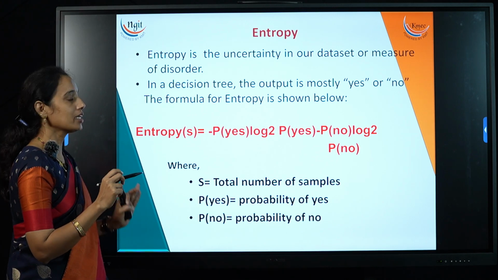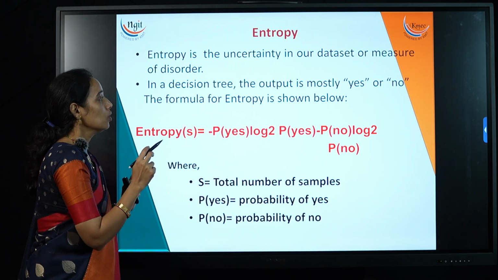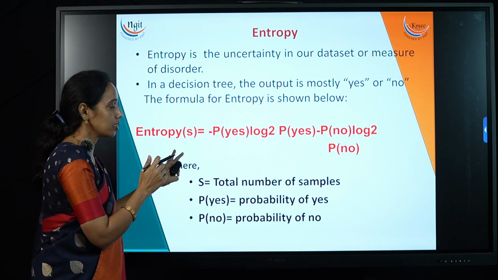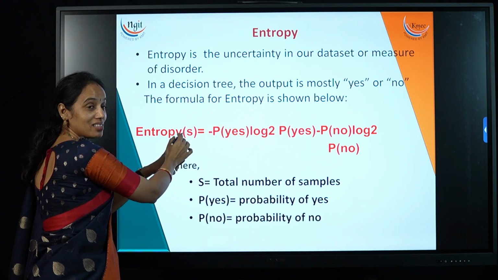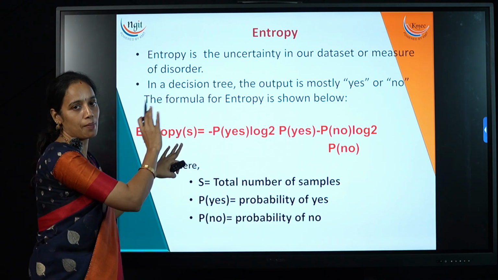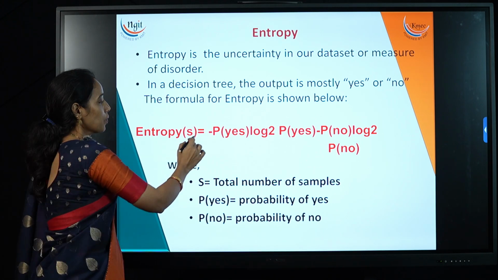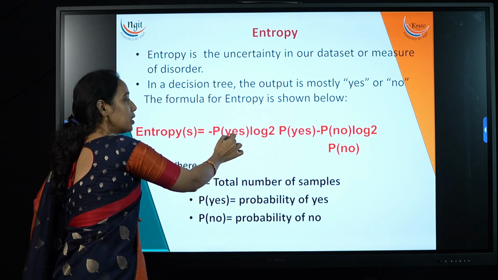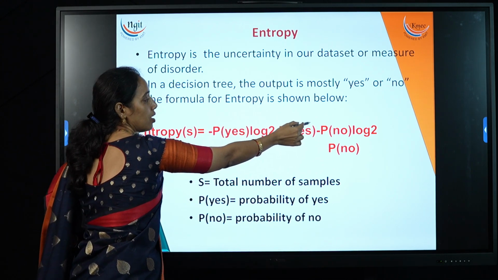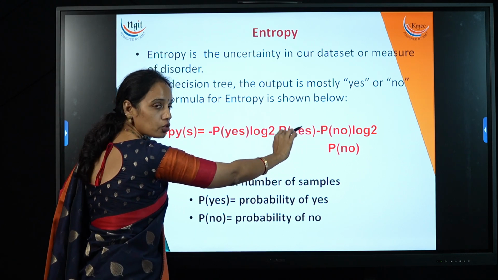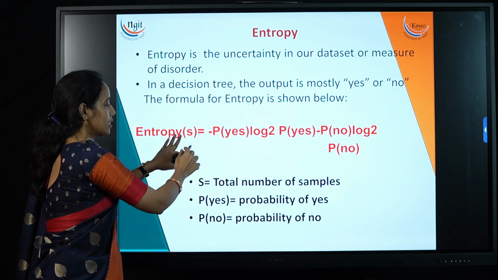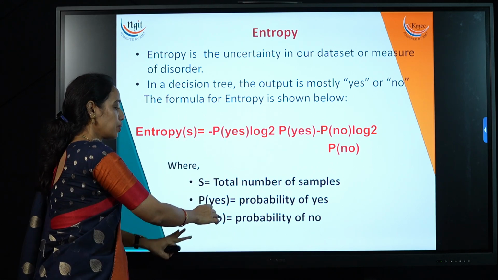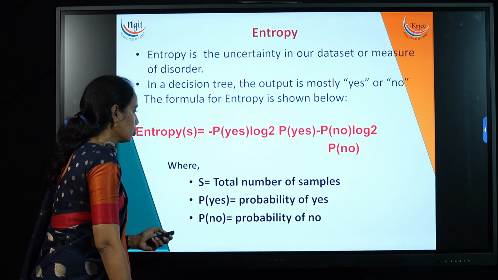In a decision tree we know that the output is mostly yes or no. So the formula for entropy is shown like this: Entropy of S, where S is the whole data set or total number of samples, is equal to minus P(yes) log base 2 P(yes), minus P(no) log base 2 P(no), where P(yes) is the probability of yes and P(no) is the probability of no.